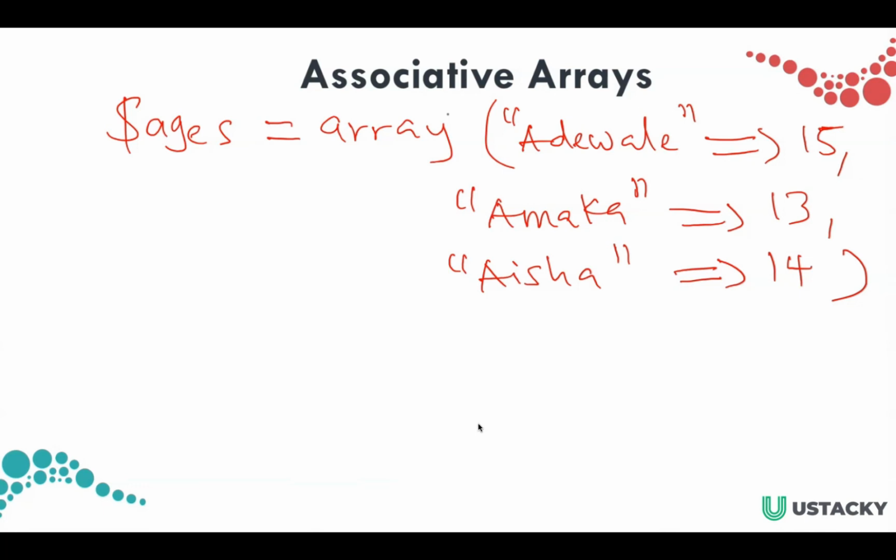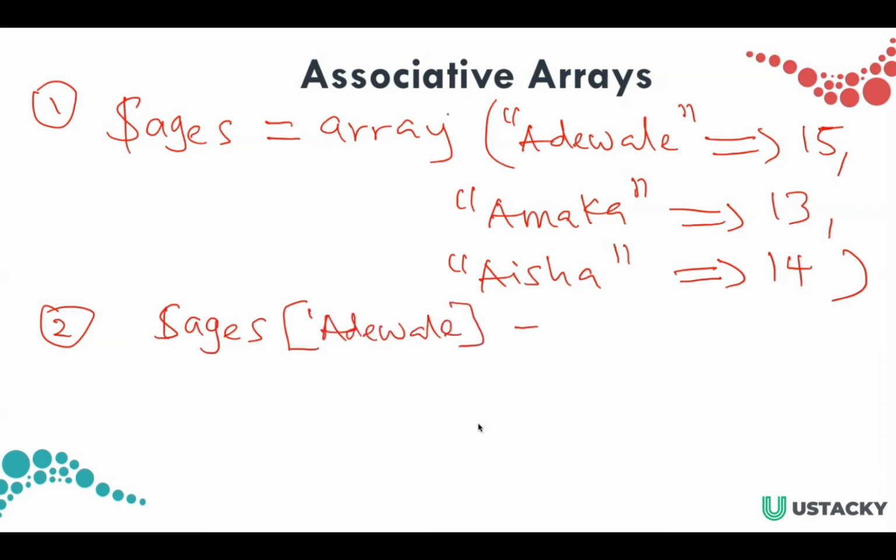This array can also be represented in another format. Let us assume this is the first format. The second format is creating a variable array with the key. This is Adewale, so you can assign the value to it like this.